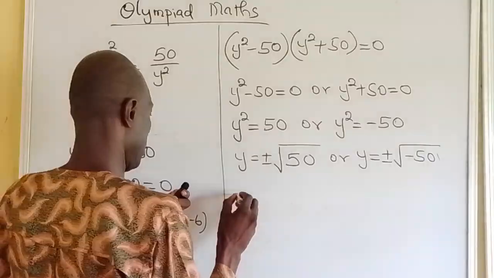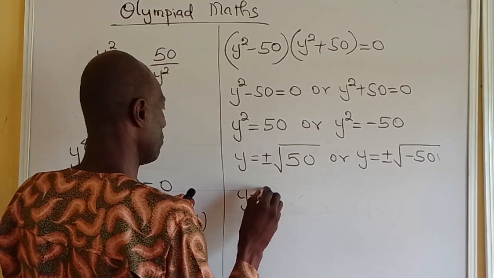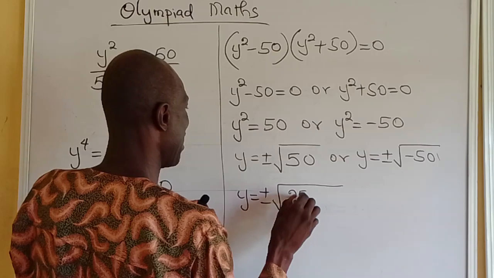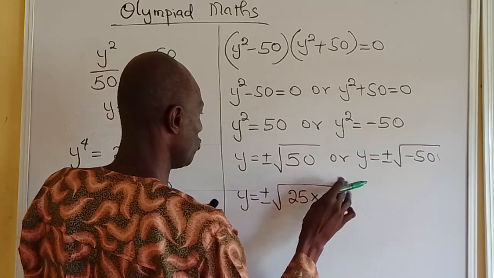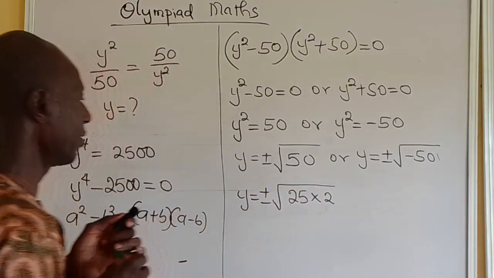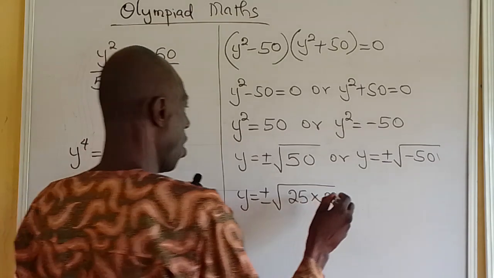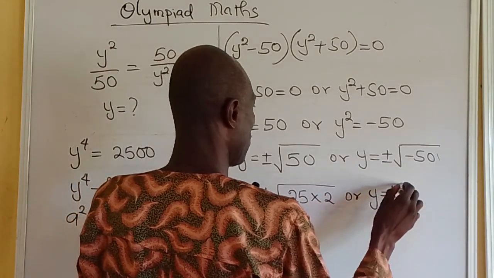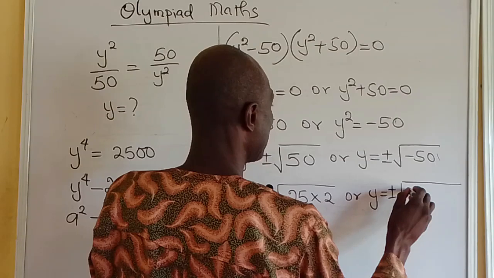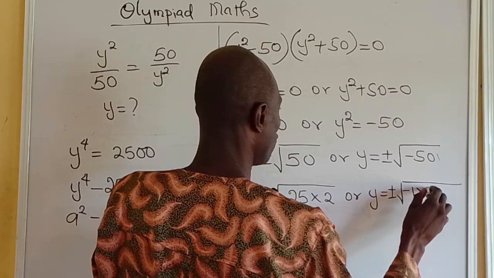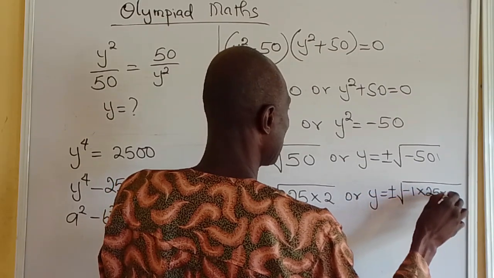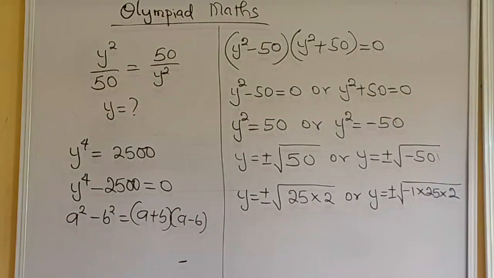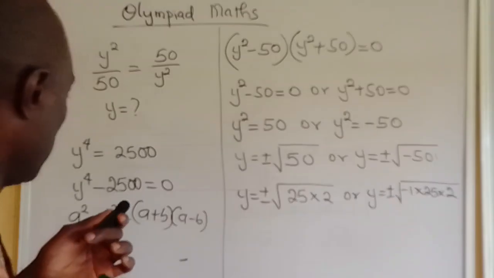Now, here y is equal to plus or minus the square root of 25 times 2. That will give us 50. Or y is equal to plus or minus root of minus 1 times 25 times 2, because of the negative value, that minus 1 will come in.